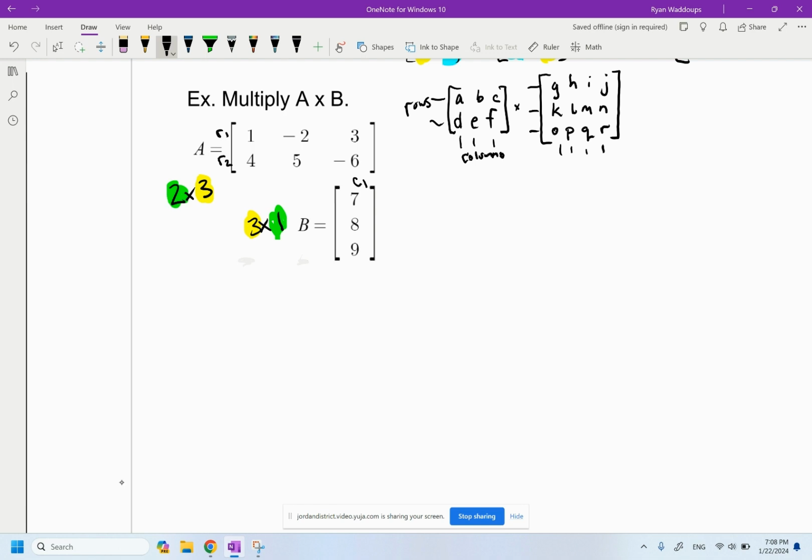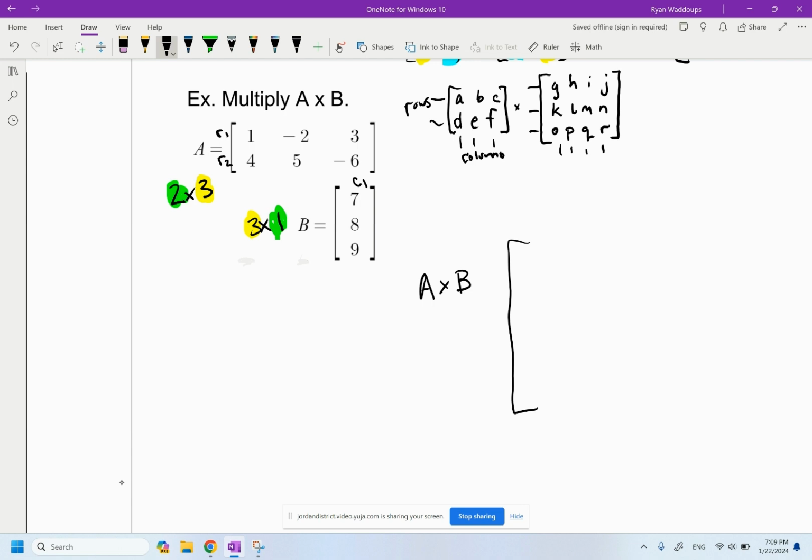For our matrix multiplication, A times B, we're going to set out a really big matrix here so we can write everything down. We take all of the elements in row 1, 1, -2, and 3, and we multiply them by all the elements in column 1, and add that up.